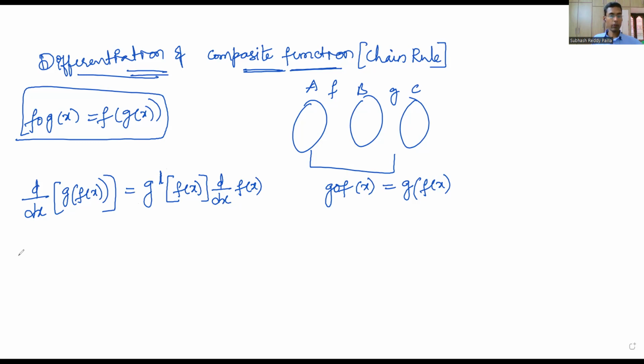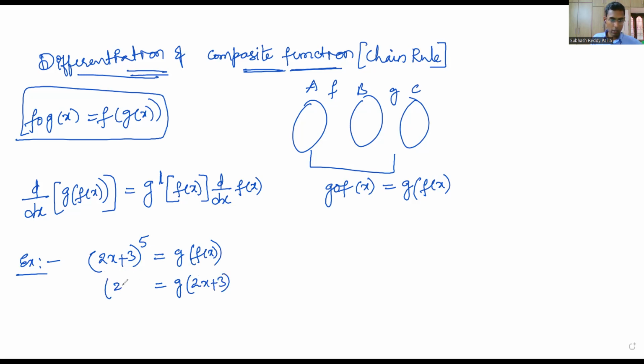For example, let's take 2x plus 3 whole power 5. If you compare it with g of f of x, what is inside? 2x plus 3, like this.